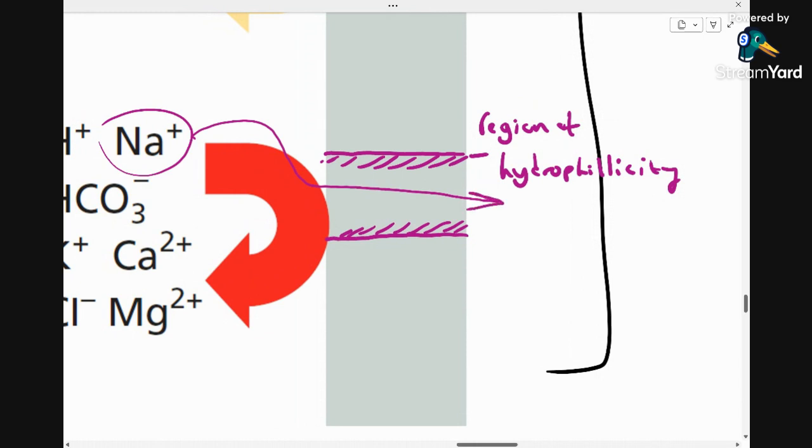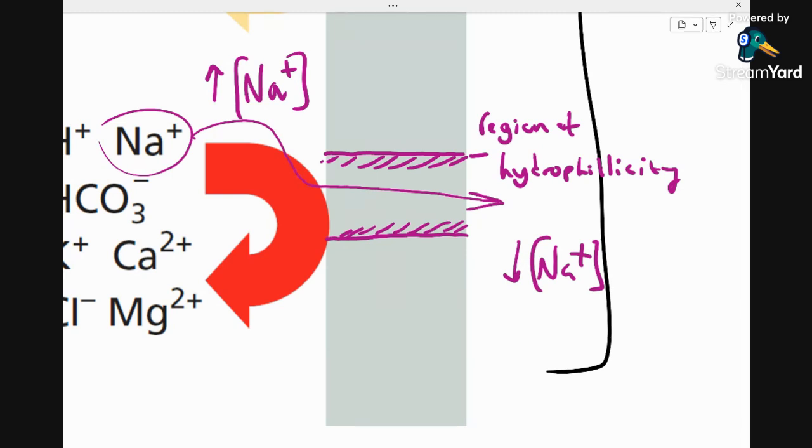We're creating a region of space in the membrane that they can move through, and that allows diffusion to happen, right? Providing we have a high concentration of something like sodium ions here, and a lower concentration of sodium ions here, we will move from left to right. Of course, if we reverse that concentration gradient, we'll move from right to left. Hopefully that makes sense. All we're going to do is allow diffusion to happen. It's not active transport. We're not going to do anything weird.